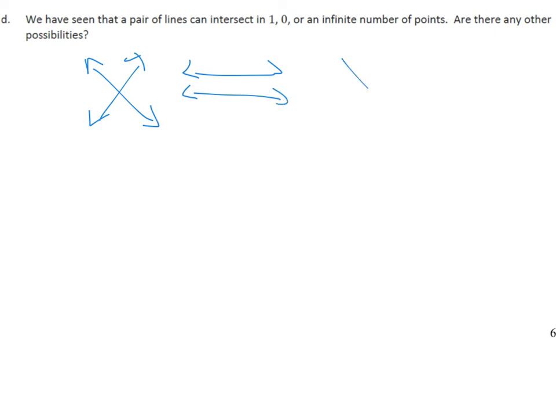And the last case is where it's the same line overlapping. They intersect at an infinite number of points. Hopefully you see right away that there are no other possibilities. These are the three possible cases. So the answer here is just going to be no other possibilities.